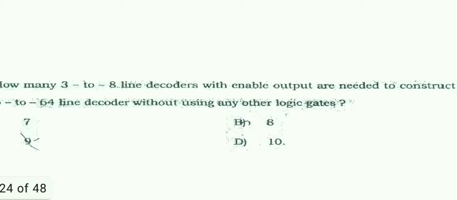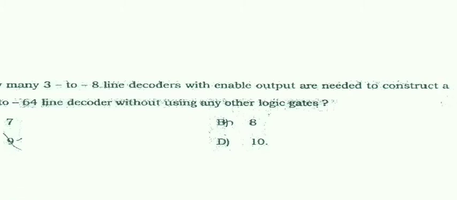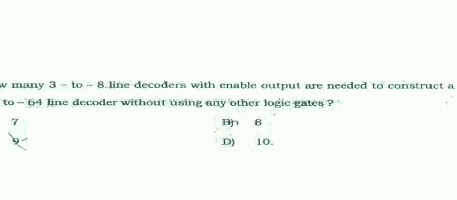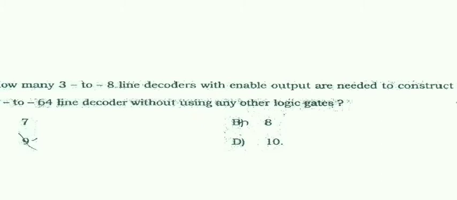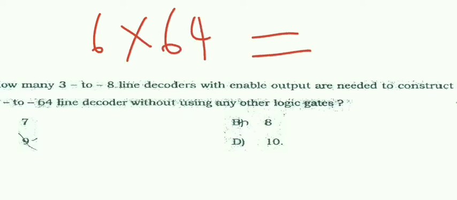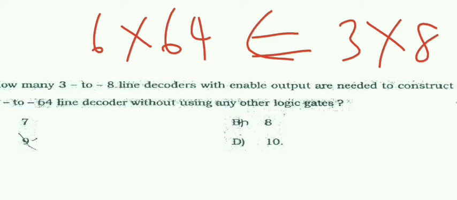Next one, how many 3 to 8 line decoders with enable output are needed to construct a 6 to 64 line decoder without using any other logic gate? That means I wish to design a 6 to 64 decoder by using 3 by 8 decoders.